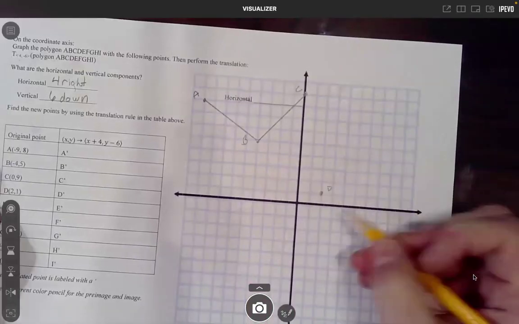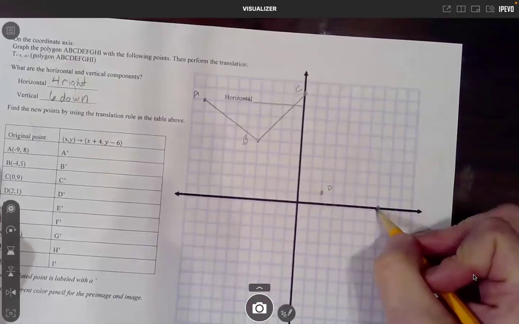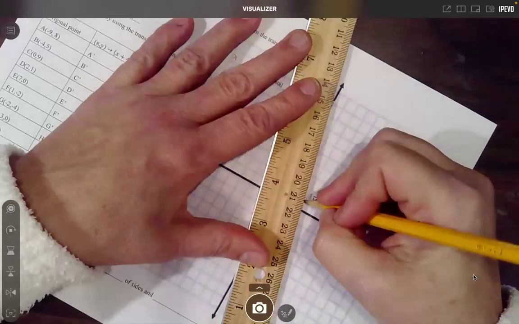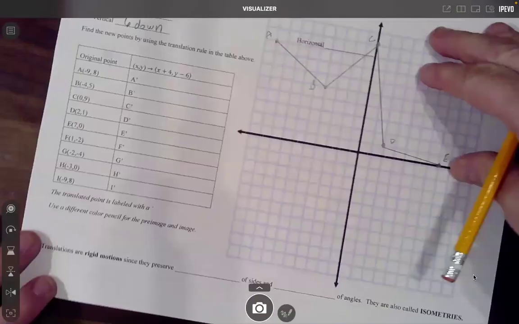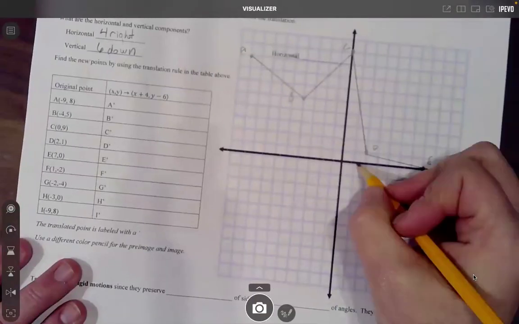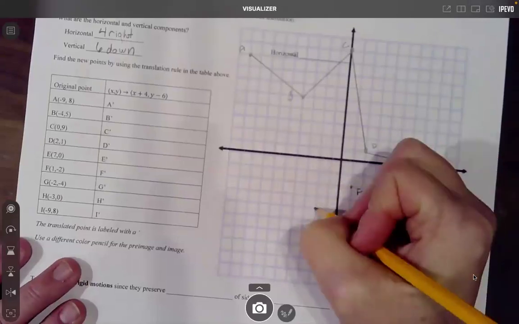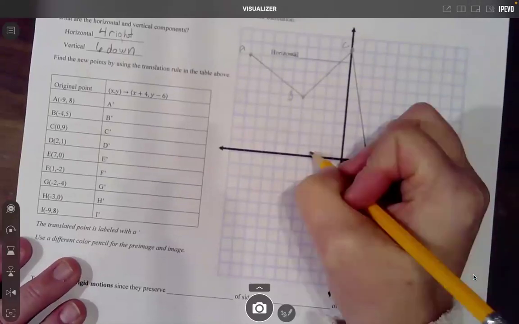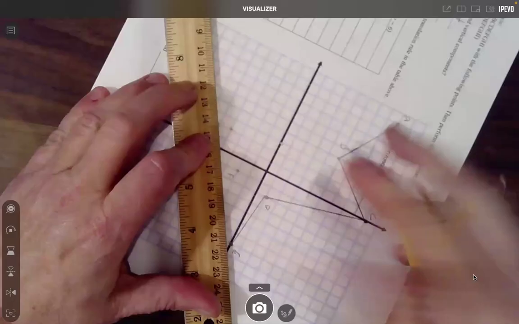D, 3, 4, 5, 6, 7, E, F, G, H, and I is back to A.